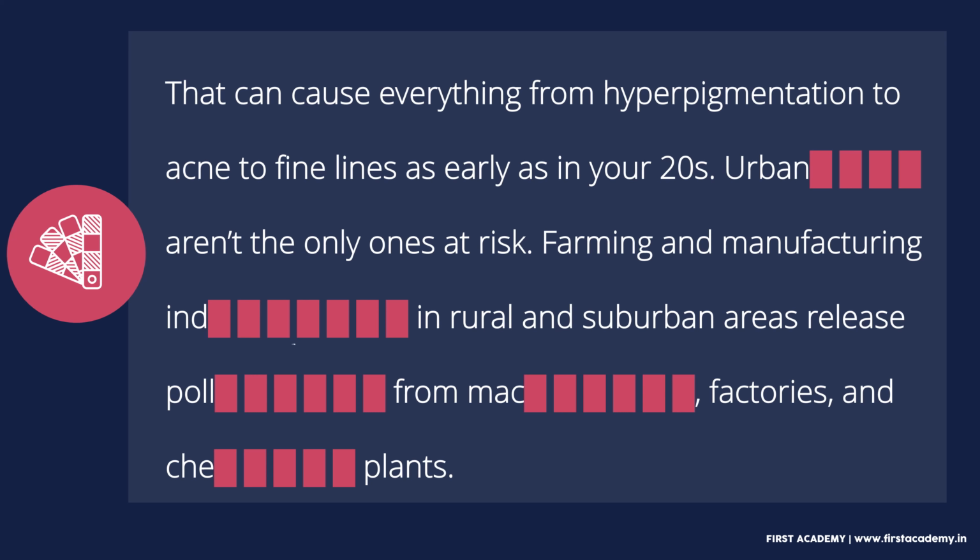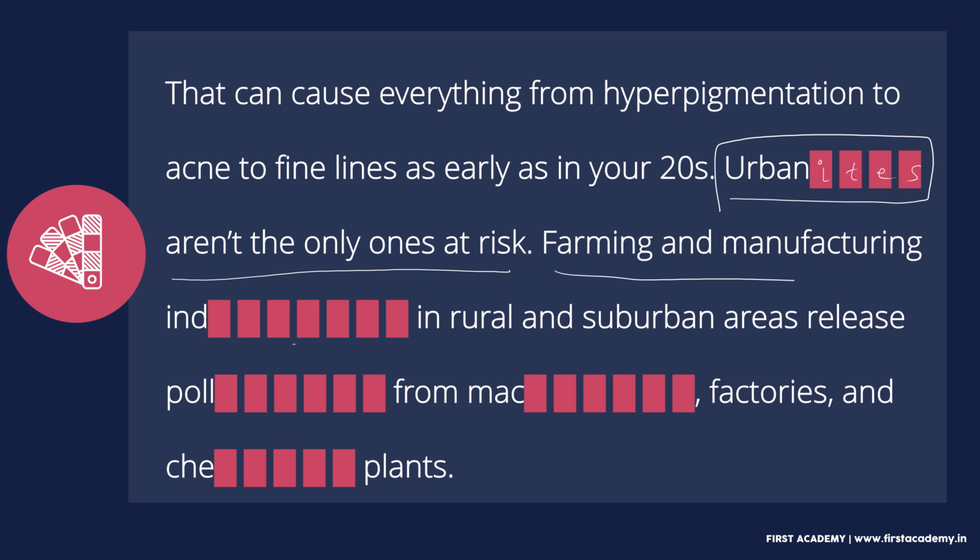And what are they called? They are referred to as urbanites. So this is yet another word wherein you're being tested on your vocabulary resource. So do you know the word urbanites is what is being tested here. Now urbanites aren't the only ones at risk.